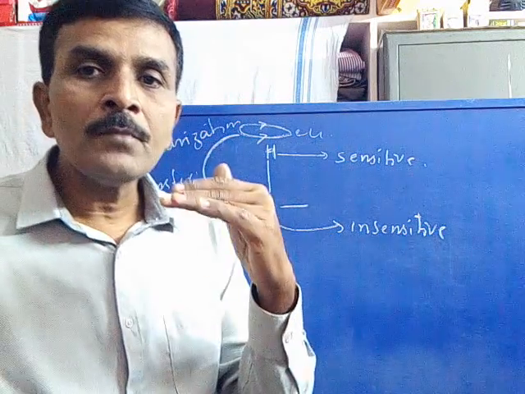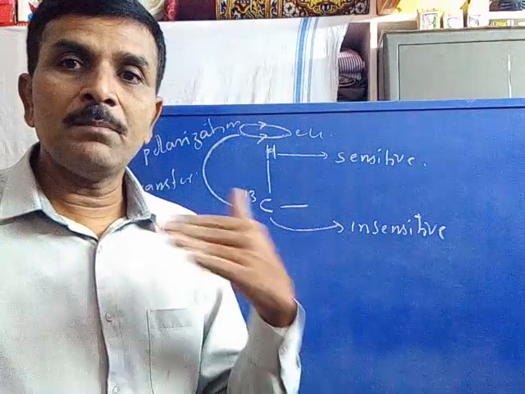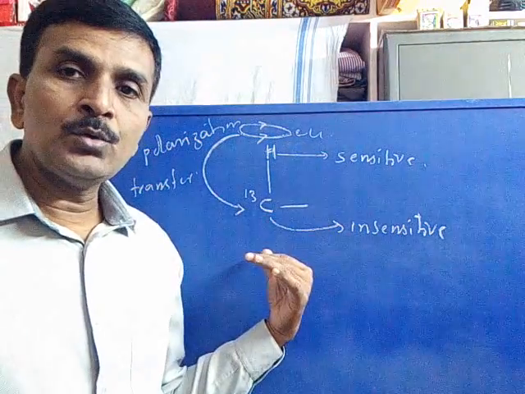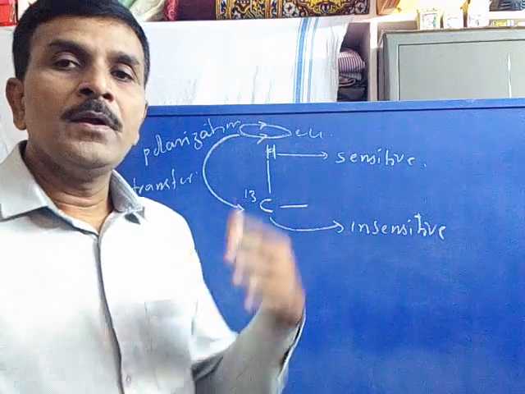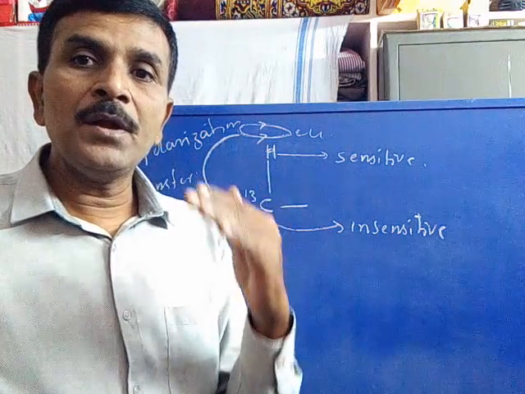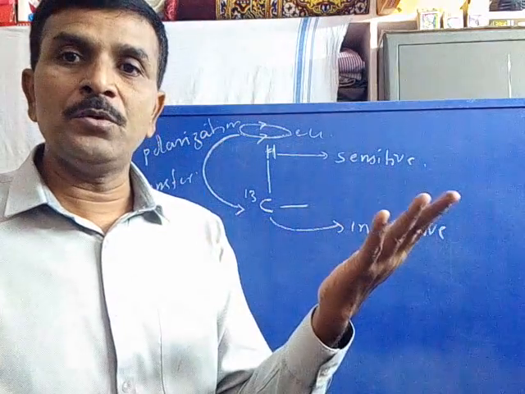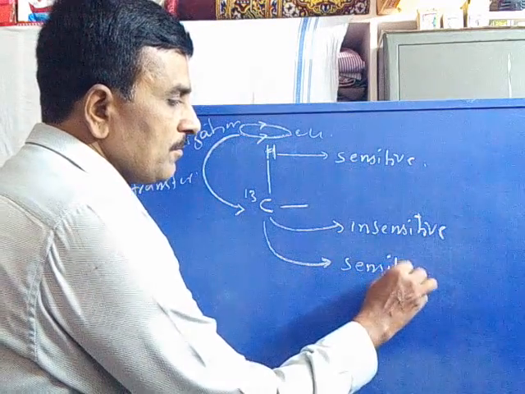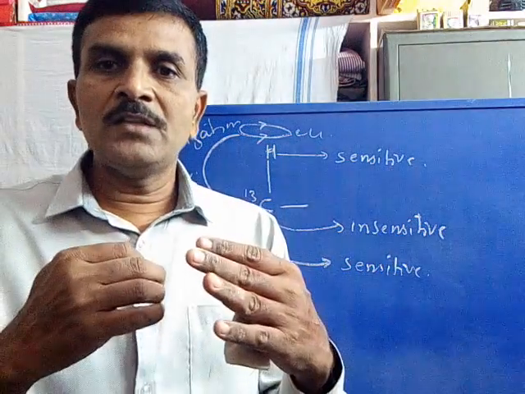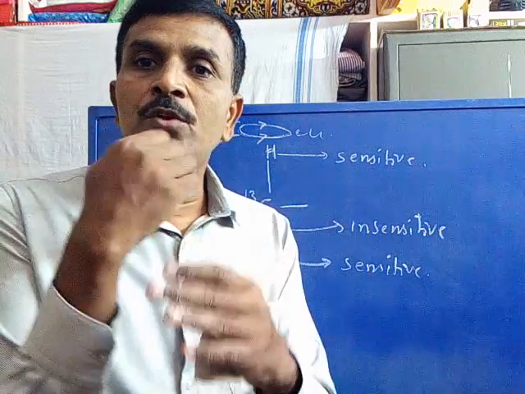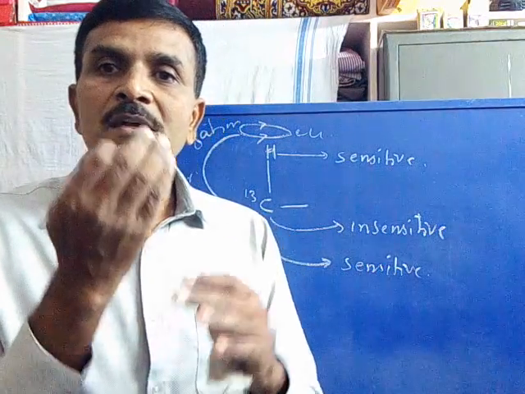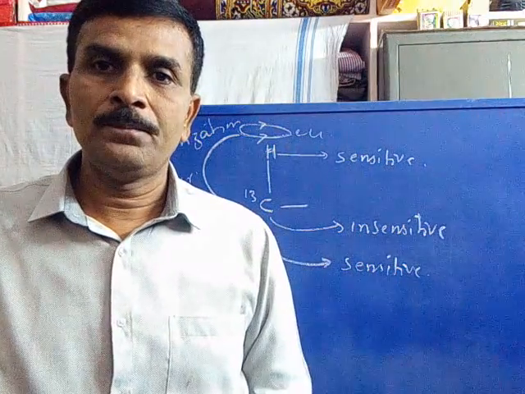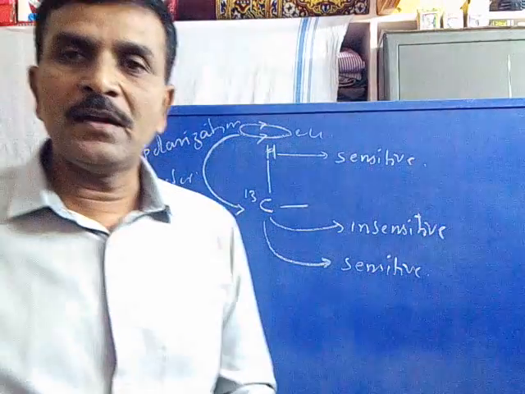That means we are making the carbon sensitive artificially. When we transfer the whole magnetic field produced by the proton to the insensitive carbon, what happens? We are making the insensitive carbon nucleus sensitive. Is it clear? So artificially we made an insensitive carbon sensitive to NMR by the process called polarization transfer.